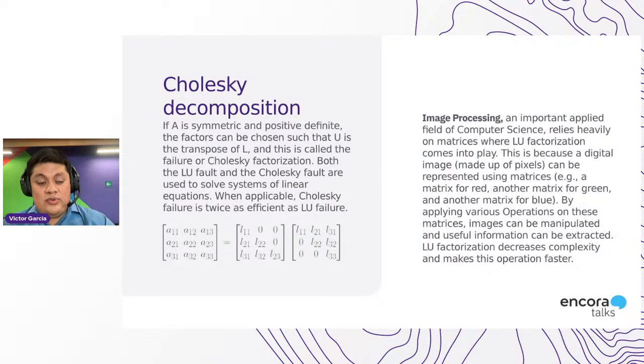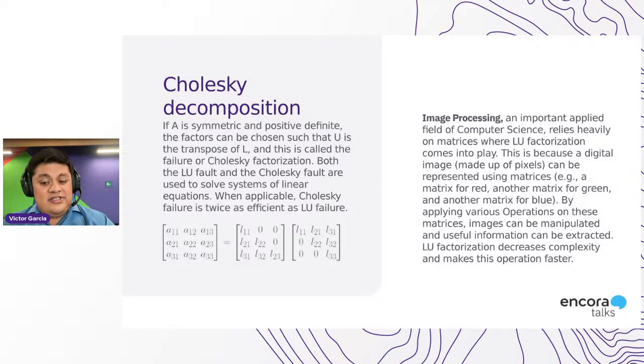We also have the Cholesky decomposition, which is a specific case of the LU decomposition, where we decompose a symmetric and positive definite matrix into a matrix and its transpose. We can see L and L transpose, those are a matrix and its transpose.